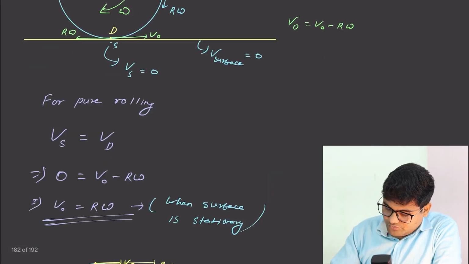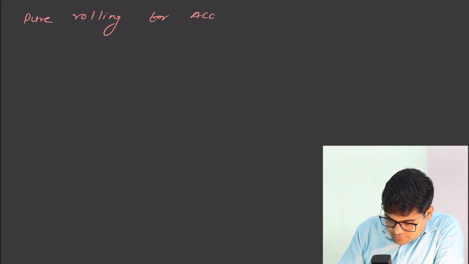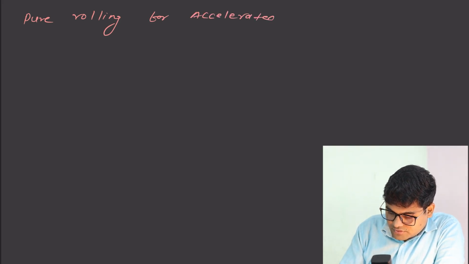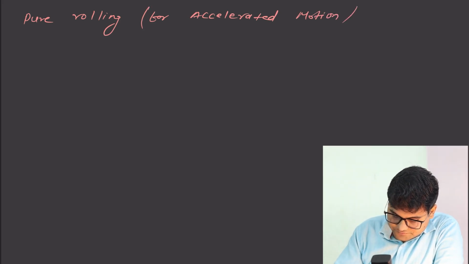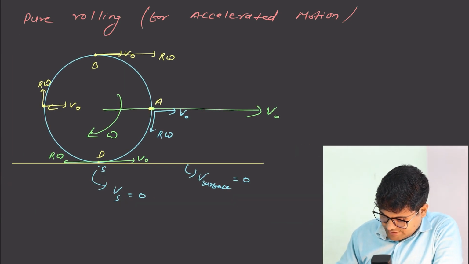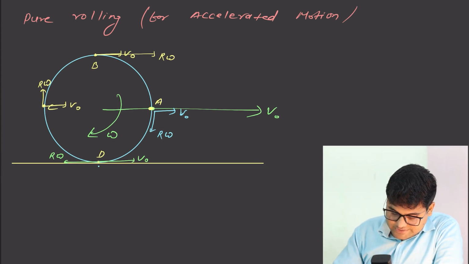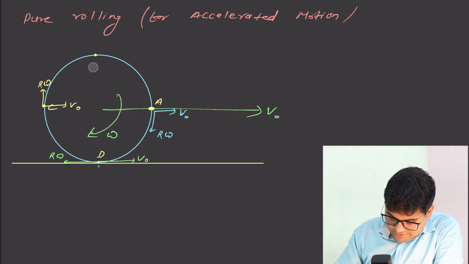So now let's take another case, pure rolling for accelerated motion. We are going to the same case, and let's say now this velocity V naught is not constant, so it has some acceleration also.